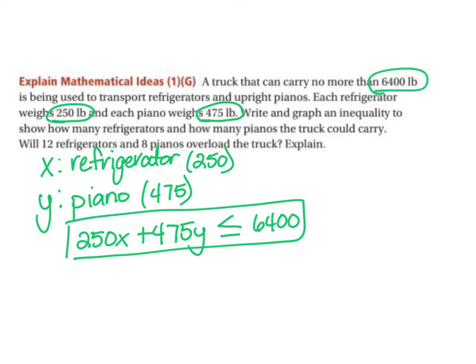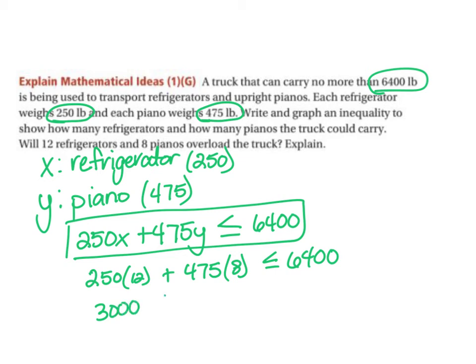The next thing it says, will 12 refrigerators and 8 pianos overload the truck? So then what we're going to do is substitute 250 times 12 plus 475 times 8. And we'll see if this inequality is true. So 250 times 12 is 3,000 plus 3,800. When I add that together, I get 6,800.